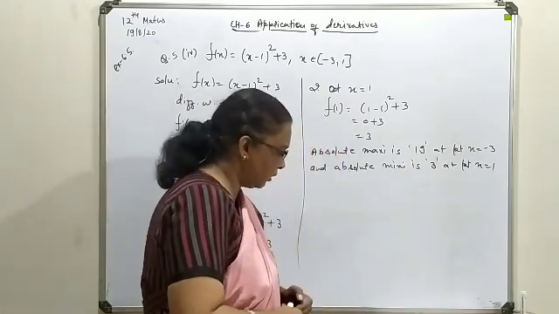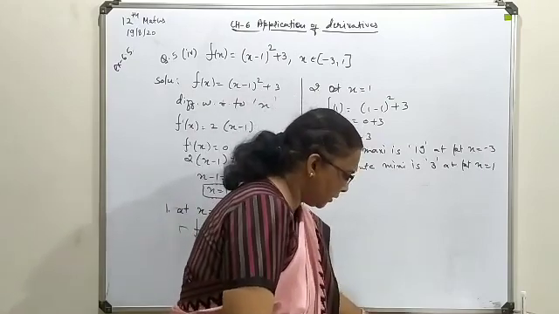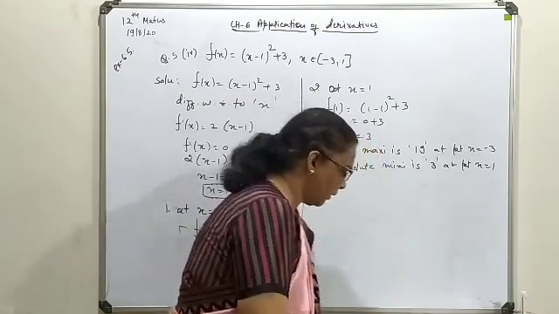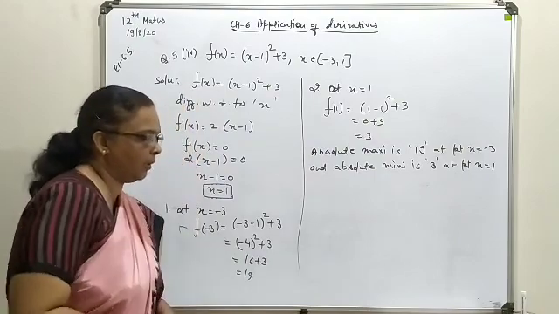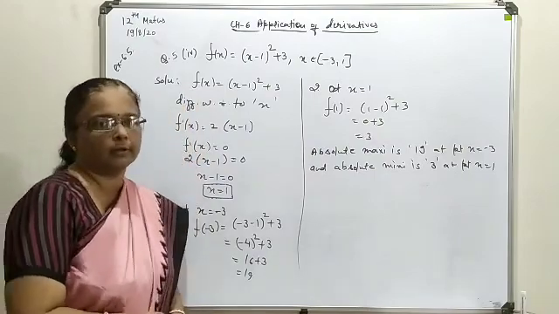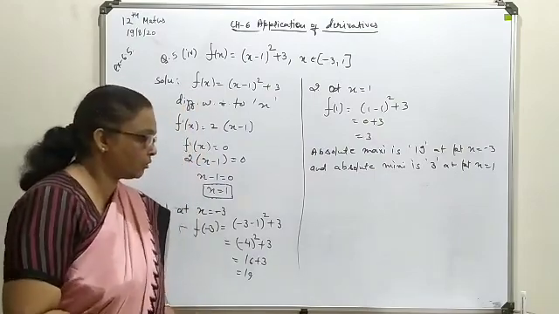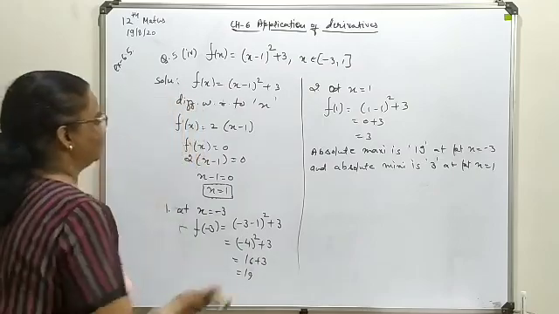Now we are going to the next category in which points are being asked at which maxima or minima can be attained for a given range. That is question number 8.